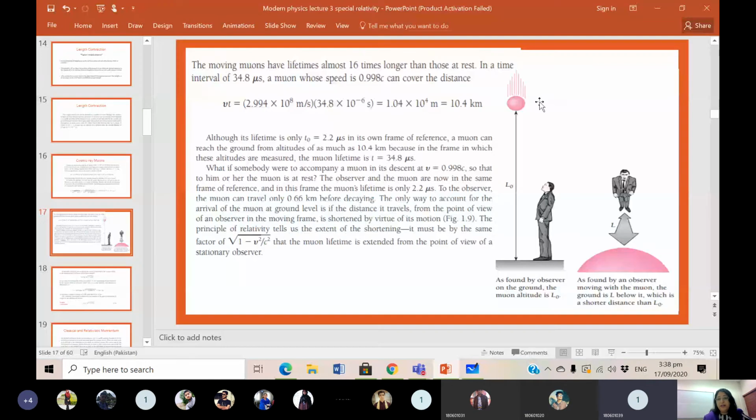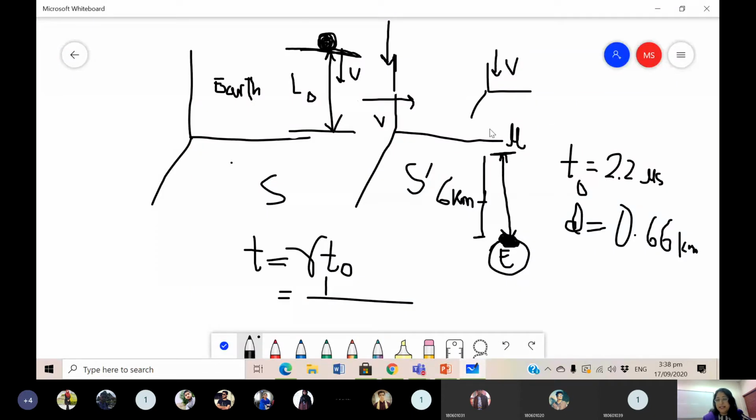But now we want to look at the muon's point of view. From the muon's point of view, time doesn't dilate, because in its point of view its average lifetime is this. But if we are able to observe the muon reaching the Earth, then according to the muon's frame it should also be able to reach the Earth.